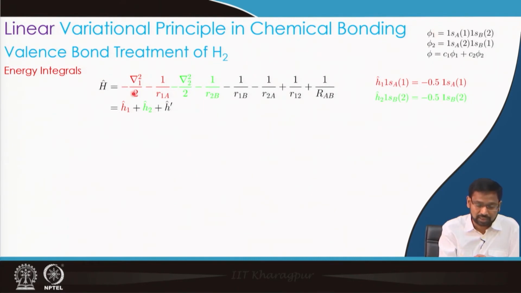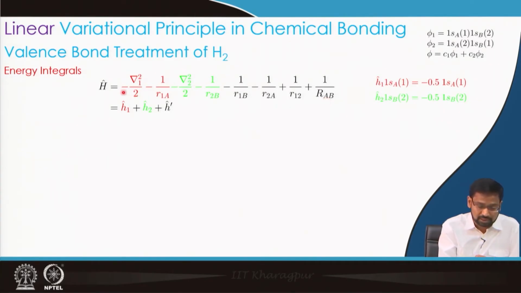I have got 2 electron kinetic energies shown by Laplacian, 4 electron nuclear interaction energies, 1 electron repulsion, 1 nuclear repulsion. Now, what I am trying to do is look at this total Hamiltonian and try to figure out some simple way of writing these terms.